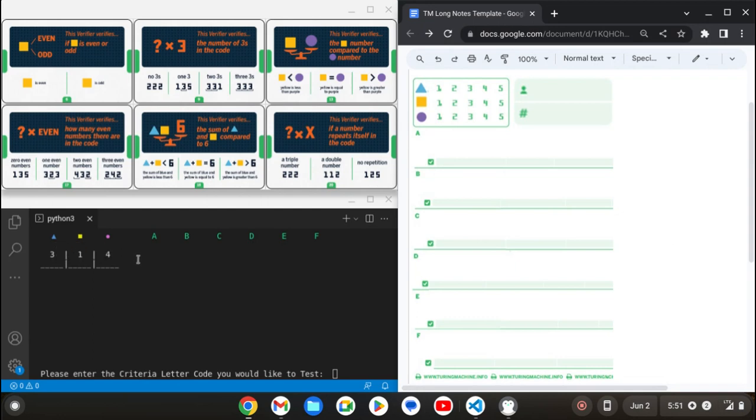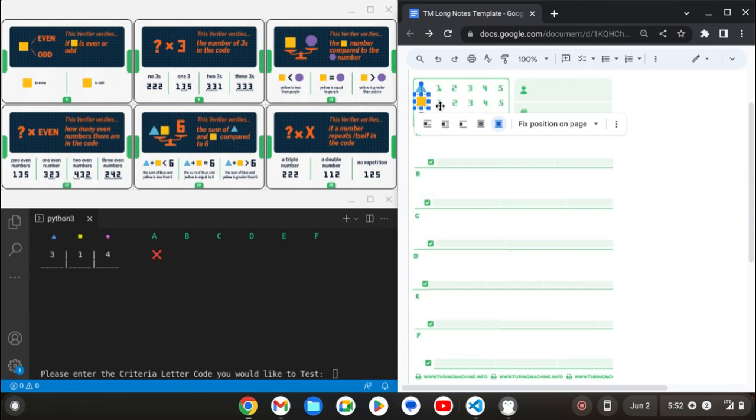So the first thing I want to test is criteria card A. I want to know that middle digit is either an even or an odd. Okay, so the Turing machine responds that it does not approve of my value, and notice I do have an odd 1. So what the Turing machine is telling me is that indeed square should be an even digit.